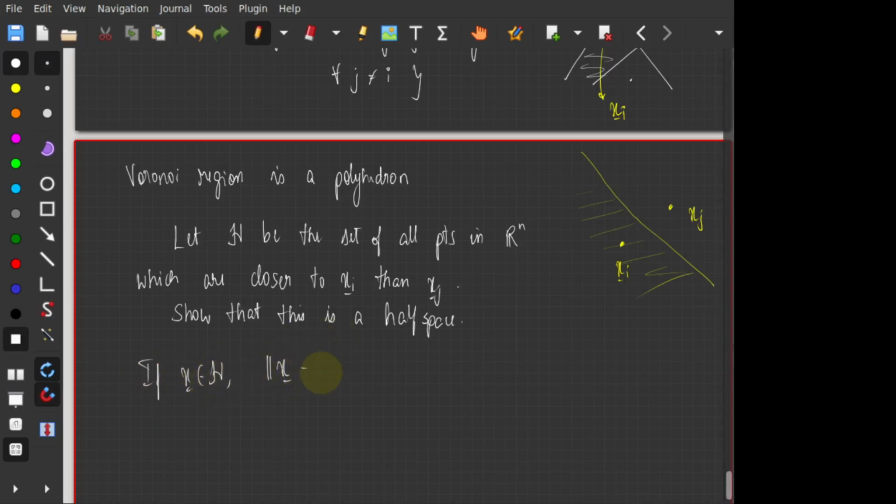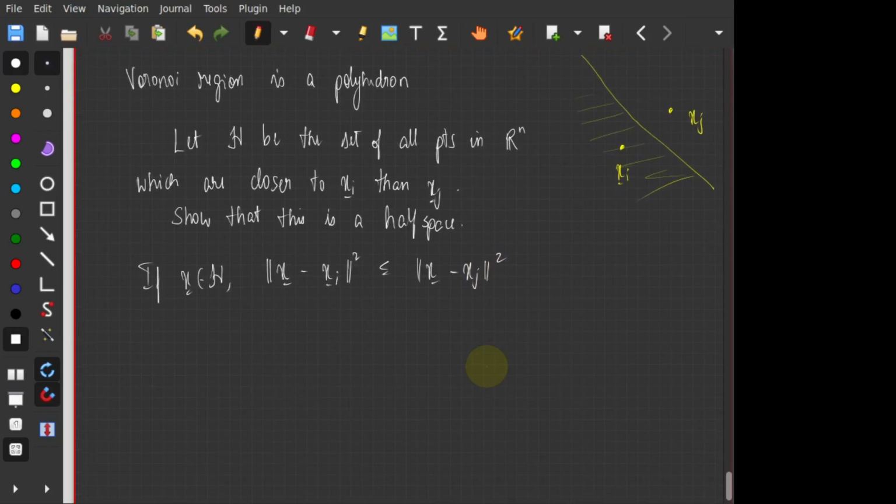Then the norm of x minus xi should be less than or equal to the norm of x minus xj, or this square should be less than or equal to this, right? Great. So what is the left hand side? Just expand the left hand side and right hand side.